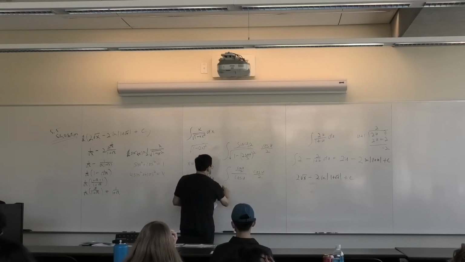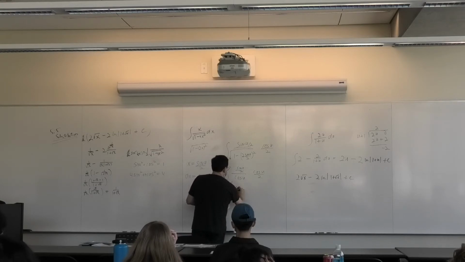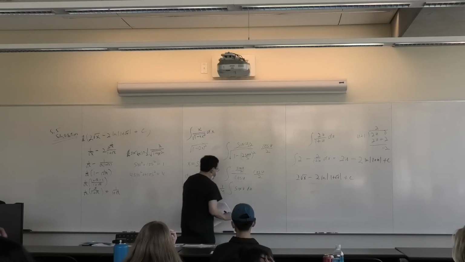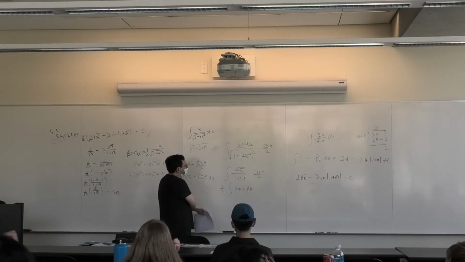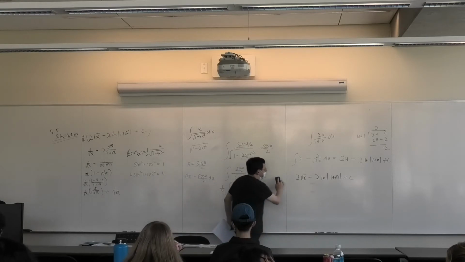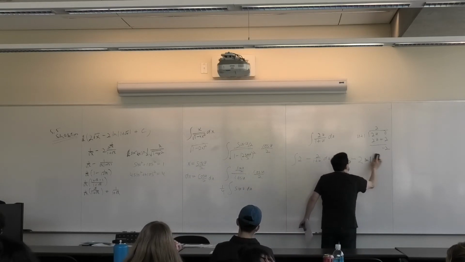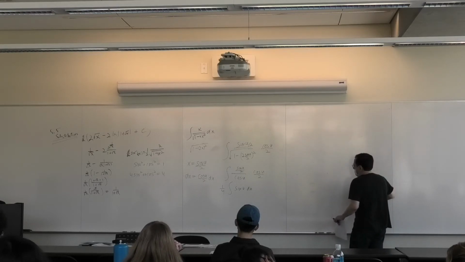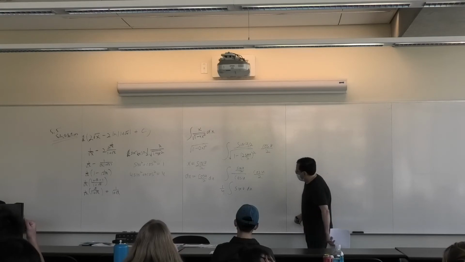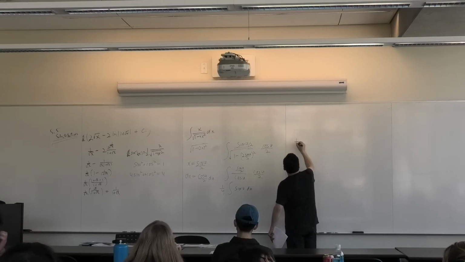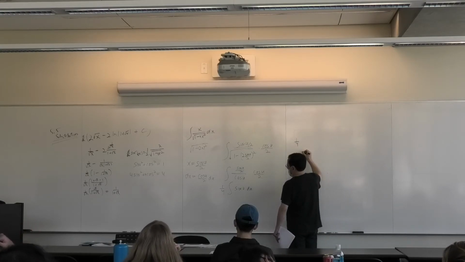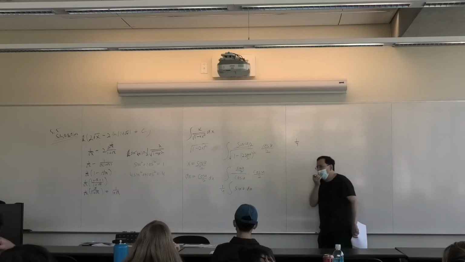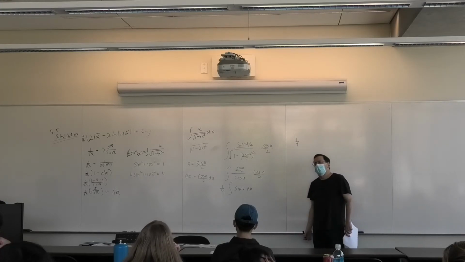So I can take out a quarter, 2 halves, sine of u. It's starting to look like it could work. Right? So that's 1/4 the integral, the antiderivative of the sine.